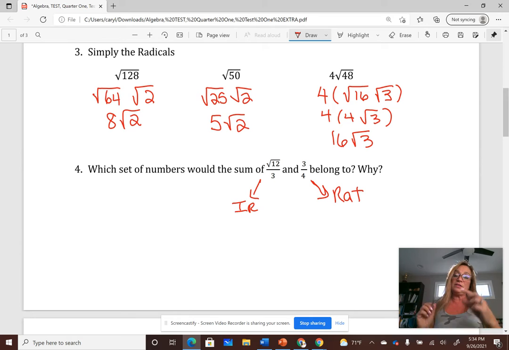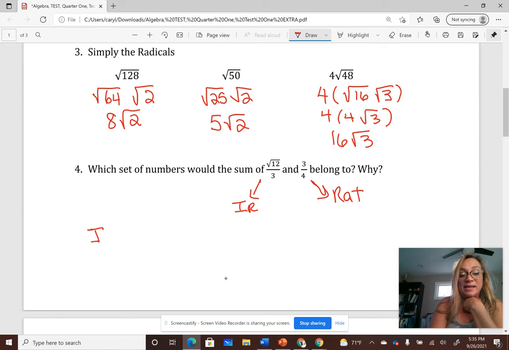You can't divide the radical 12 by the 3 because the 3 is not under a radical sign. That's a normal 3, not a radical 3. So that's not going to simplify to a whole number. Okay. Remember, fractions are rational when both the numerator and the denominator are integers. The square root of 12, radical 12, is not an integer.